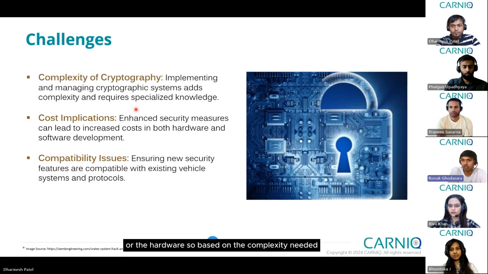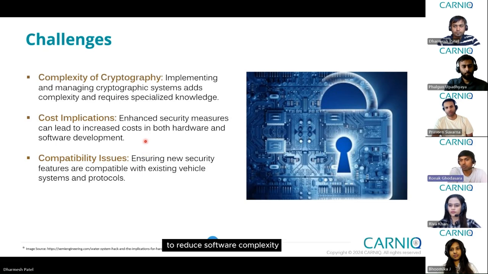Based on the complexity needed, or what algorithms we are using, I can go with a software solution, which also helps with cost, or I can select a specialized hardware module, maybe an HSM or a trust anchor. As Dharmesh mentioned, there are specialized hardware modules which help reduce software complexity, and the software can be replaced with that. So it can be chosen based on the complexity of the project and so on.